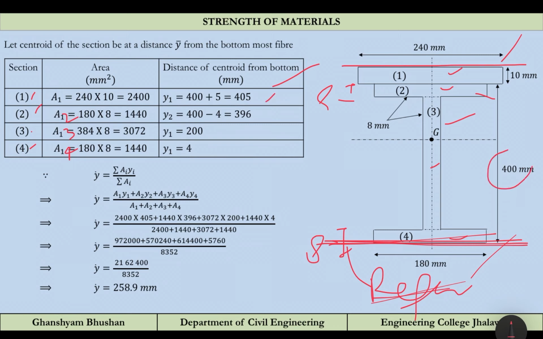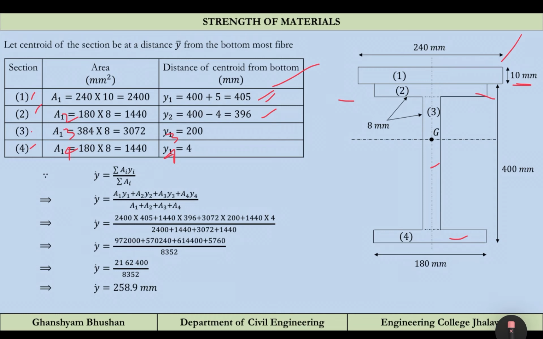This is 400 and this is 10, so y1 is 400 plus 10 by 2, that is 405. y2 will be 400 minus 8 by 2, that is 4, so 396. This is y3 and this is y4. y3 is 400 by 2, that is 200, and y4 is 8 by 2, which comes out to be 4.